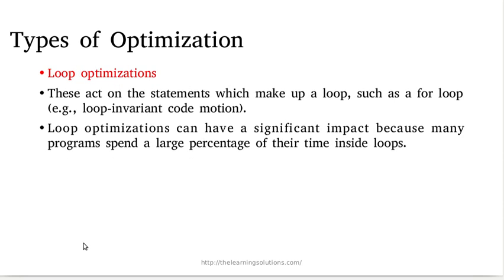Also we can optimize at loop level. At loop level, what are we going to do? A technique used is loop invariant code motion. That means if by running the loop we get the same output again and again, it is called loop invariant code motion, or code movement as an alternate term. Some statements are not necessarily required in the loop and will consume memory.